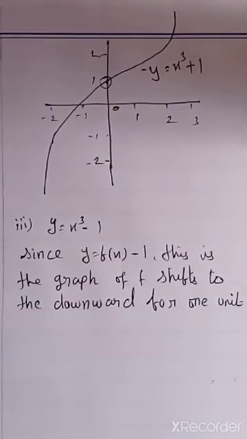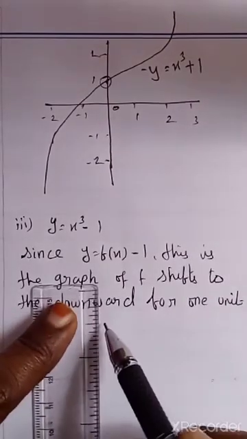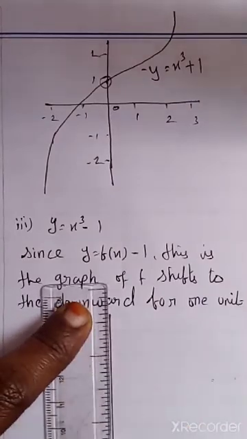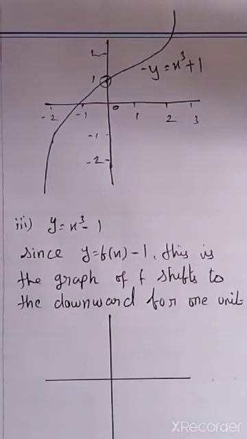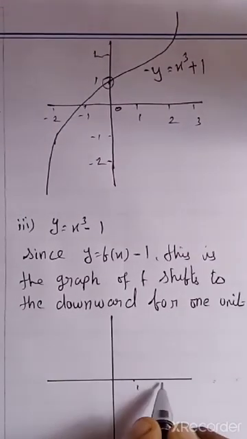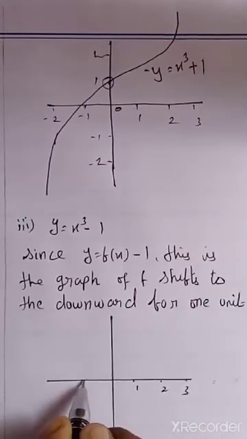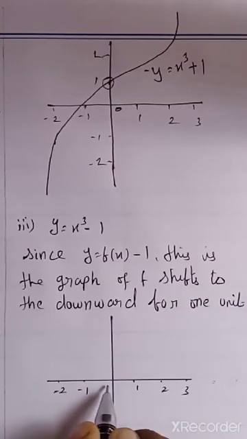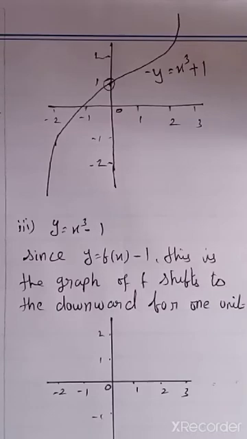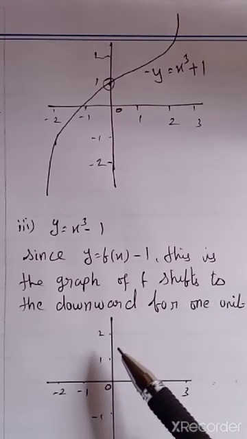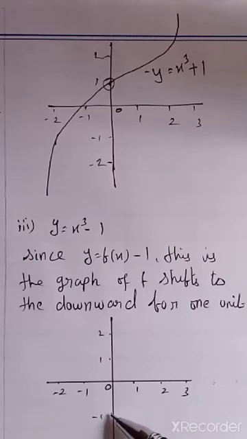Now, if we want to draw the graph, again same thing, x-axis, y-axis. 1, 2, 3, minus 1, minus 2, 0, 1, 2, minus 1, minus 2. Now I have to move the graph 1 point down.